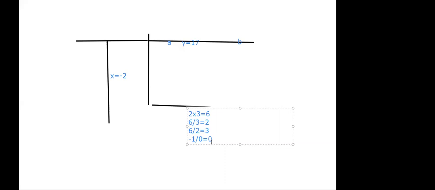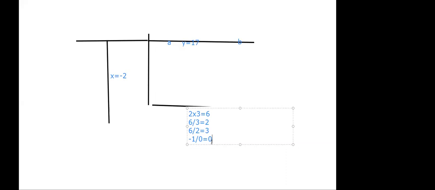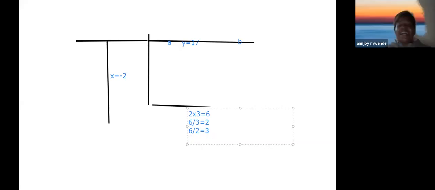You have told me 6 divided by 2 is 3, so 2 times 3 is 6. So if you tell me -1 divided by 0 is 0, then 0 times 0 is not -1. Are you together? So -1 divided by 0 is not 0. It is undefined. It is too big to be defined.